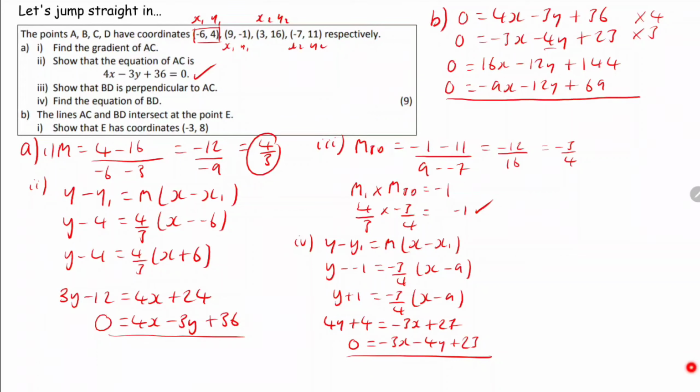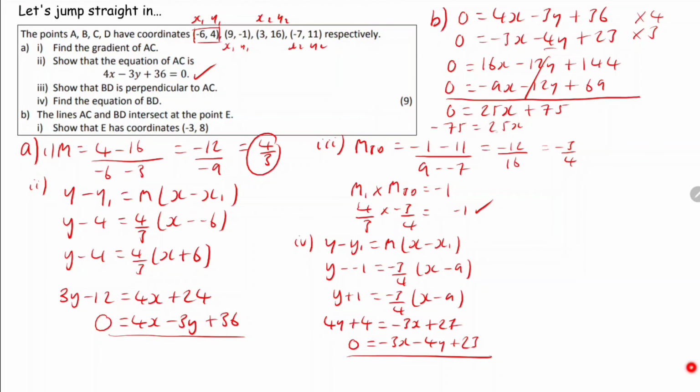We're then going to subtract the two equations because we've got minus 12y for both. 16x minus 9x gives us 25x. These two terms will cancel. 144 minus 69 gives us 75. Bring the 75 over to make minus 75 equals 25x.